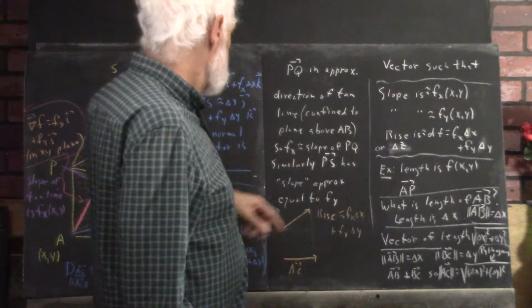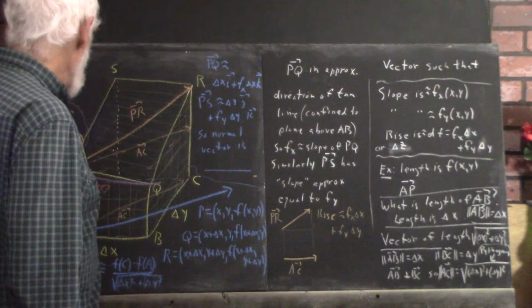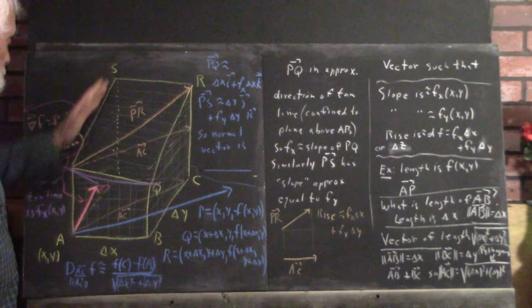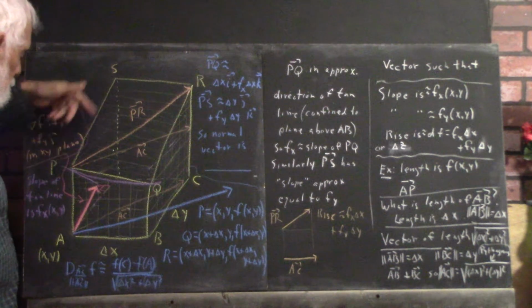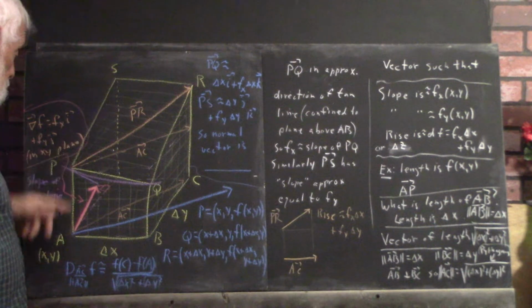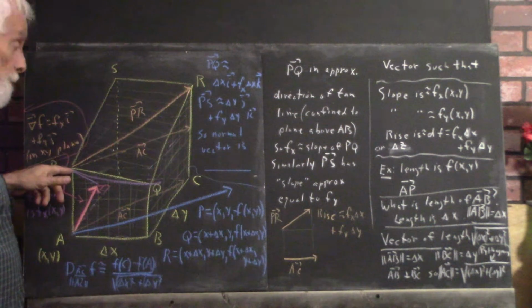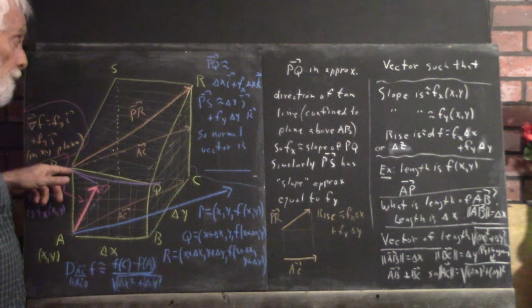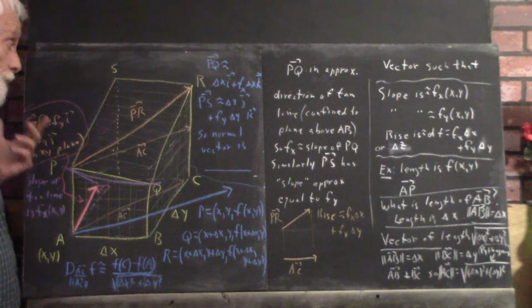Similarly, say the same thing about PS being approximately the slope of the tangent line in the y direction from this point. So that's going to be your approximate value.